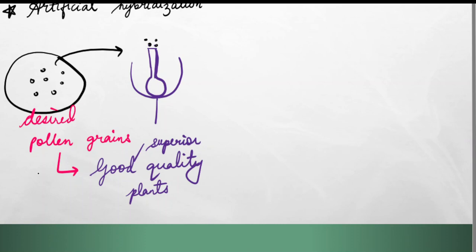But we have some steps to be followed during artificial hybridization. So what are the steps? Let's discuss the steps for artificial hybridization. The very first step is to bring pollen grains, meaning collection of pollen grains.